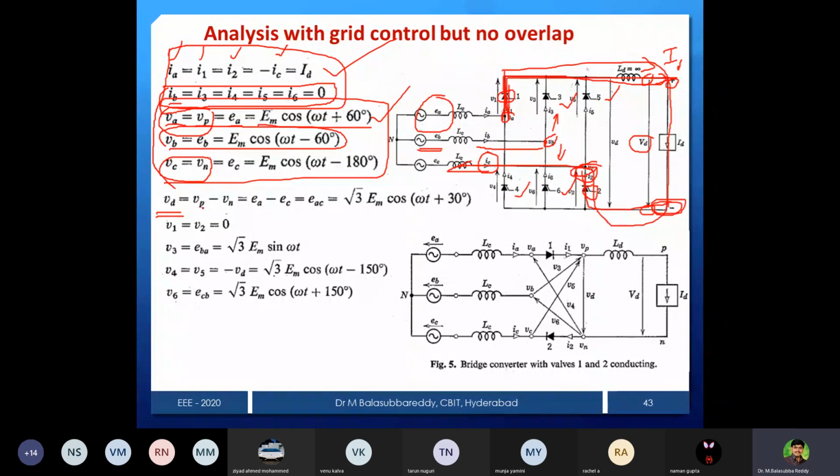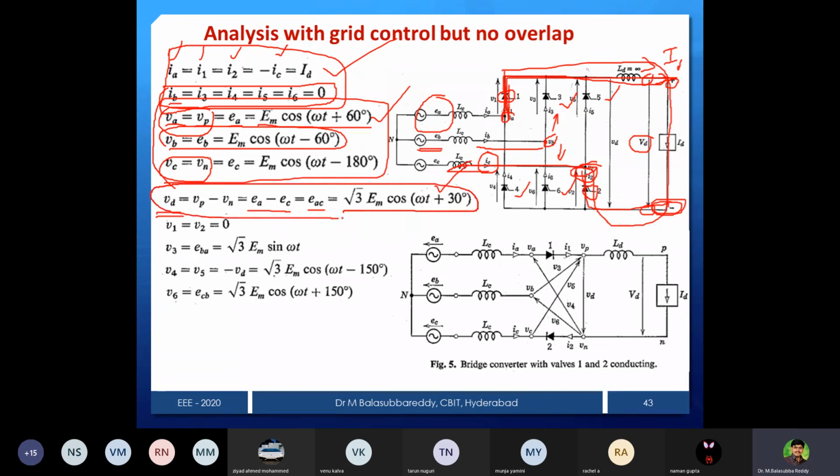So VD is VP minus VN. VP is nothing but EA. VN is nothing but EC from this, and just subtract that, A minus C, that is nothing but EAC. EAC is already calculated in the previous slide. Just substitute and expand using the cos A minus B format and then the cos A plus B format. You can get it: root 3 EM cos(omega t plus 30 degrees).